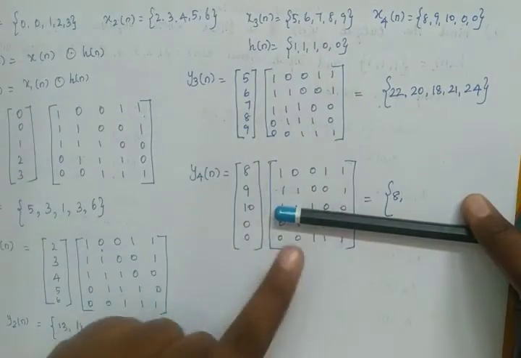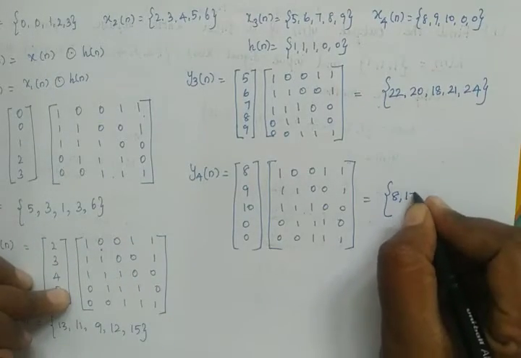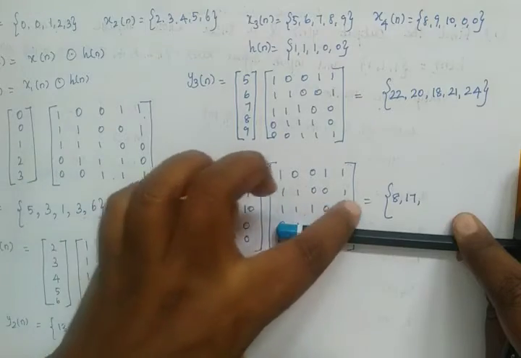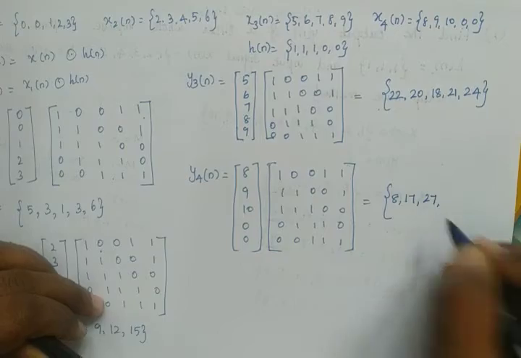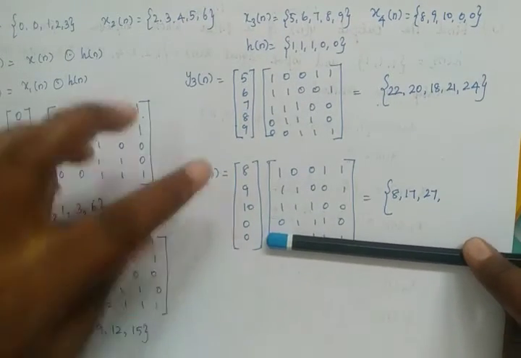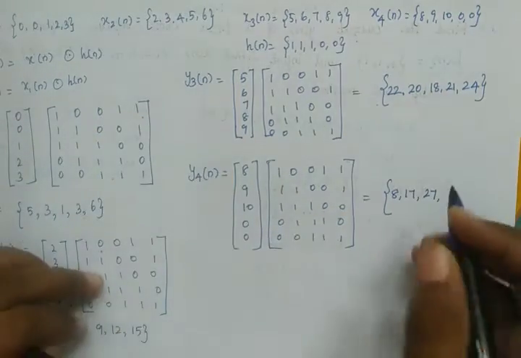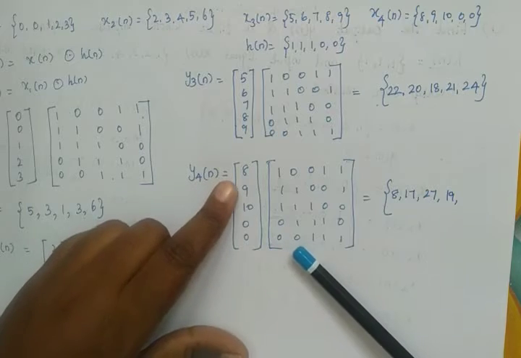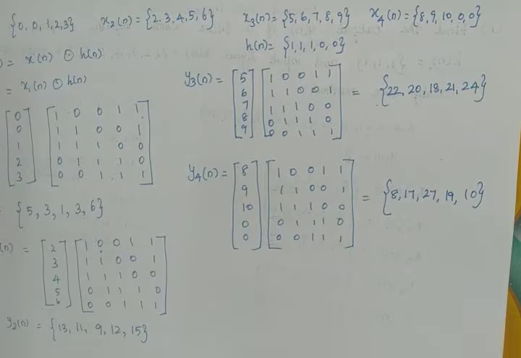Everything will be 0. That is 8 plus 9, 0, 0, 0. So 9 plus 8 is 17. Then the next one. Here we have 8 plus 9 plus 10. Then the rest remaining will be 0. 10, 19, 27. Comma. And here it is 0 plus 9 plus 10 plus 0 plus 0. So 10 plus 9 is 19. Comma. Here it is 0, 0. Then here we have only 10. Isn't it?